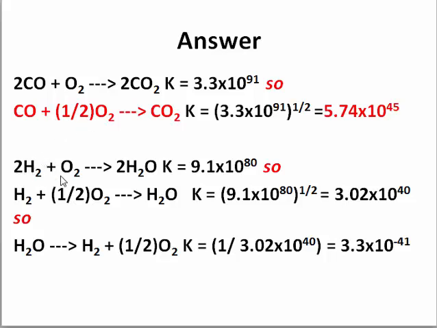Likewise, I could take the second given with its given K value and divide each of its stoichiometric coefficients by 2. The new K is the square root, or 3.02 times 10 to the 40th.